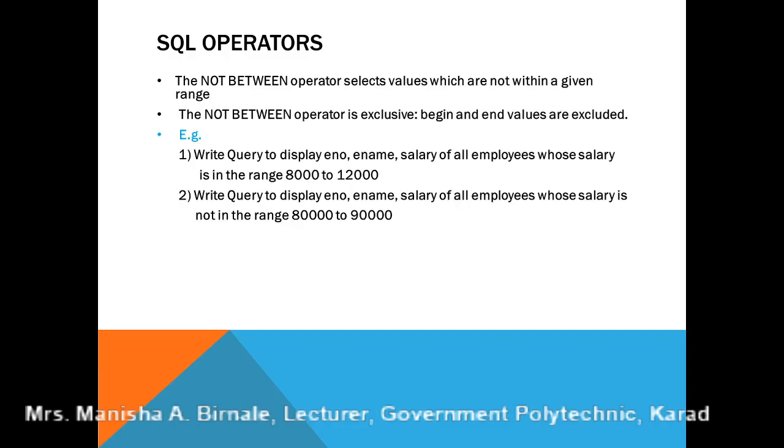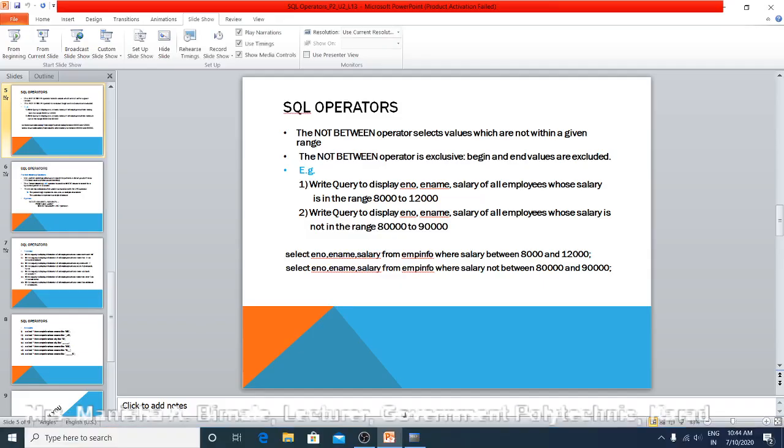Now the second example, write a query to display employee number, employee name and salary of all employees whose salary is not in the range 80,000 to 90,000. So salary should not be in this range 80,000 to 90,000. So let us see.